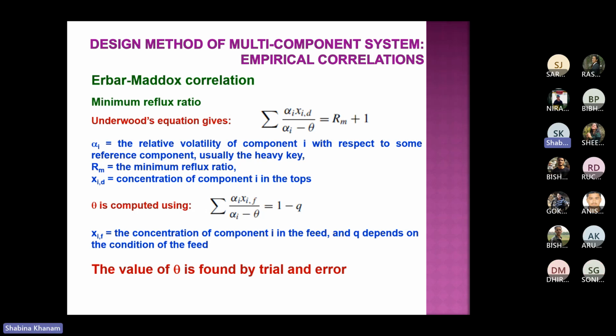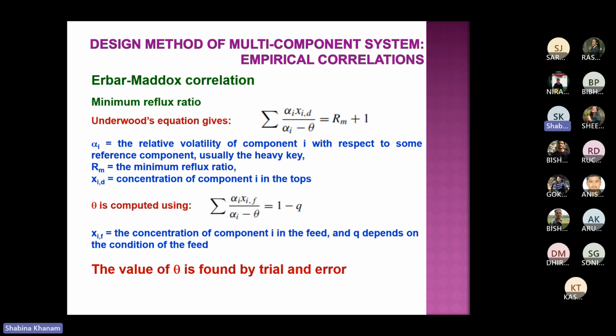But here only one value you need to choose, and that value is the one which falls between the relative volatility of light key and heavy key. Okay, the correct theta value should fall between the relative volatility of light key and heavy key, and whatever that value is, you need to choose it and use it in this particular expression.